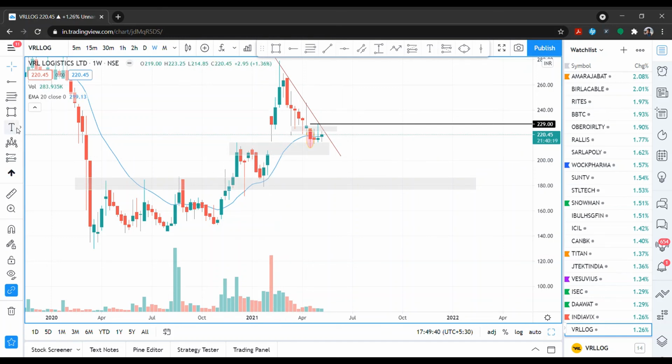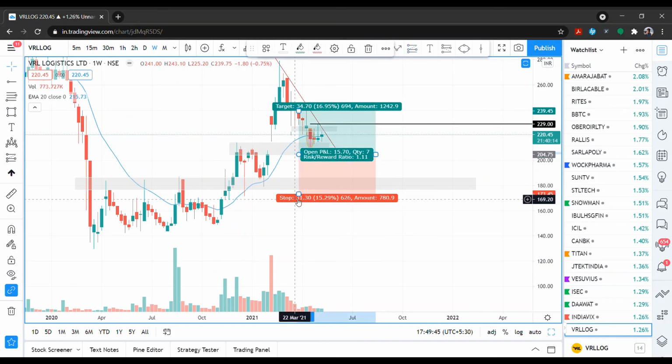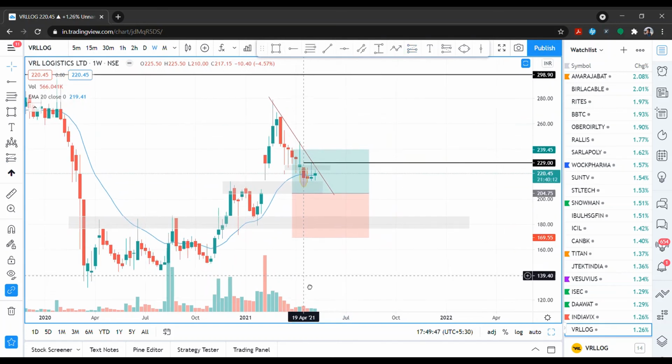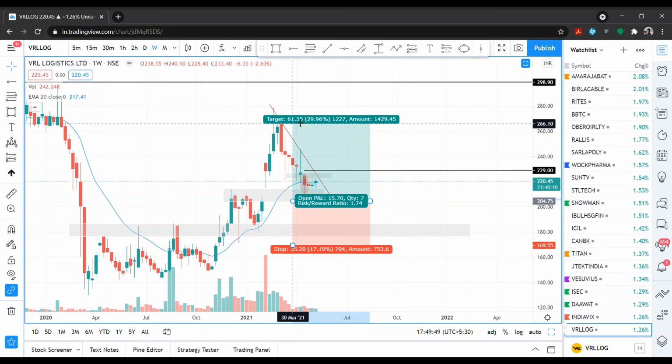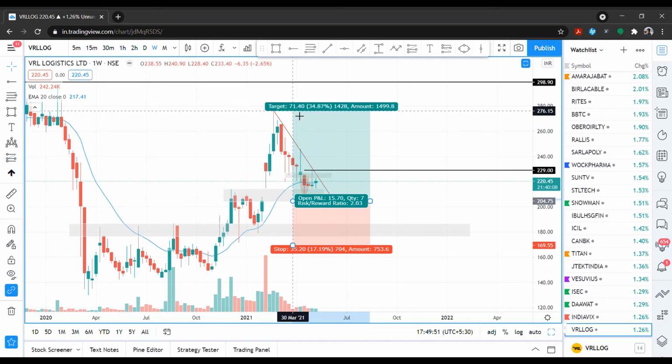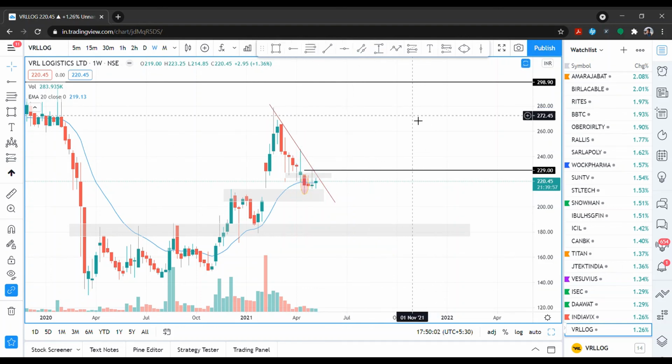It all depends upon your risk appetite and how you want to trade. If I had taken a trade, yes, this is a risk to reward of 2 I would have easily achieved. So that's how I approach the market for swing trading.